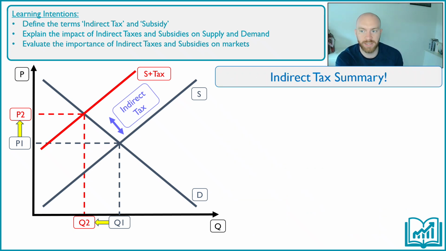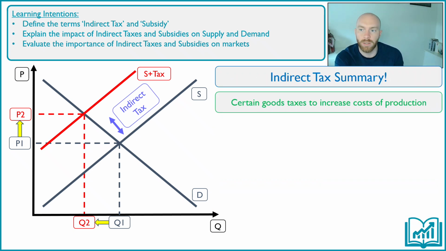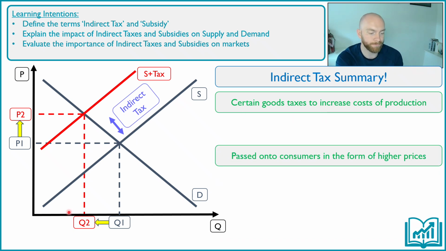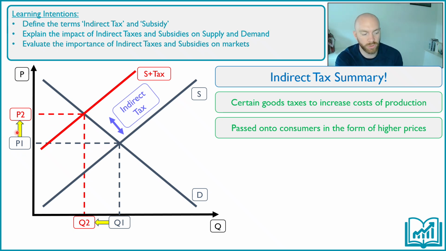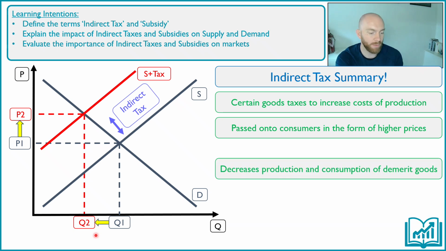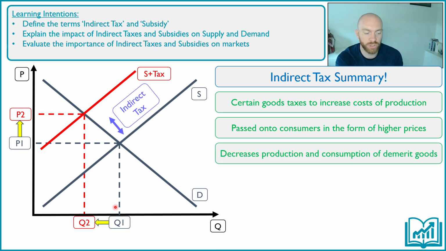So to summarize the indirect tax, we want certain goods or services to be consumed or produced in lower amounts. So we set the indirect tax and that will increase costs of production for that firm. That then gets forced onto the consumer in the form of higher prices. And that will mean the production or consumption will be reduced for a demerit good, which is good for society to have that consumed or produced in lower amounts.